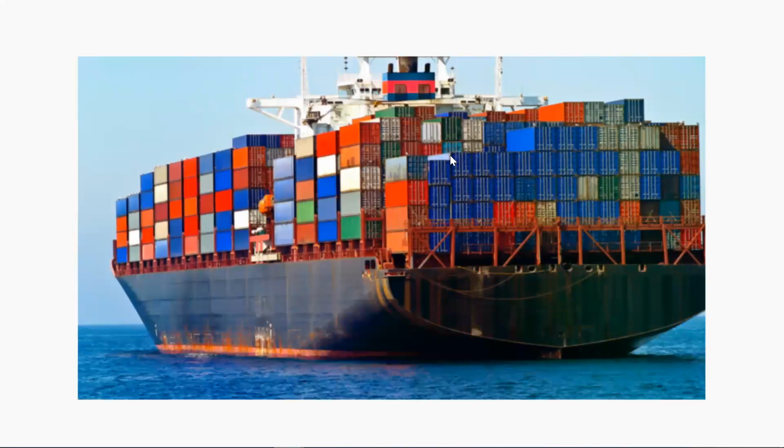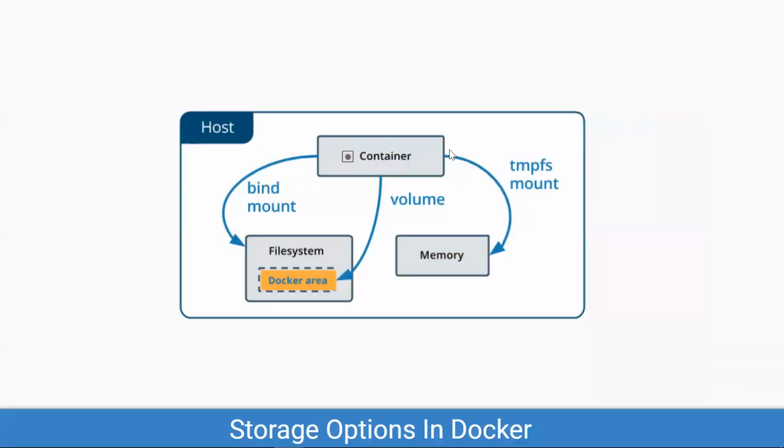Containers are generally lightweight, and when unnecessary data is added, it will make the container heavy to create and run. Docker has its way to mount storage from the host machine to the container. Docker provides three ways to mount data to the container: volumes, bind mounts, and temporary file system storage.